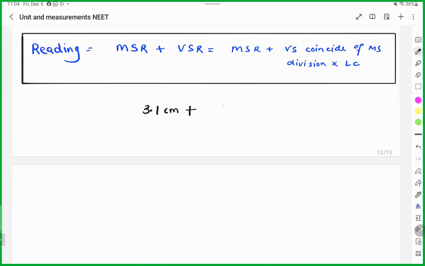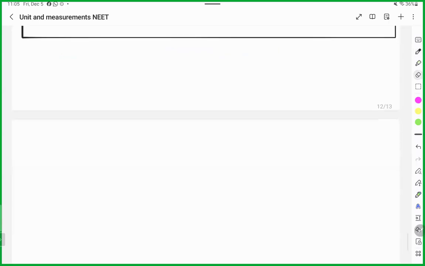Now you will see which part of the Vernier scale coincides with the main scale, right? And then multiply by the least count. Understood? Any doubt, guys? Where the Vernier scale coincides with the main scale? Yes or no? Yes, sir.